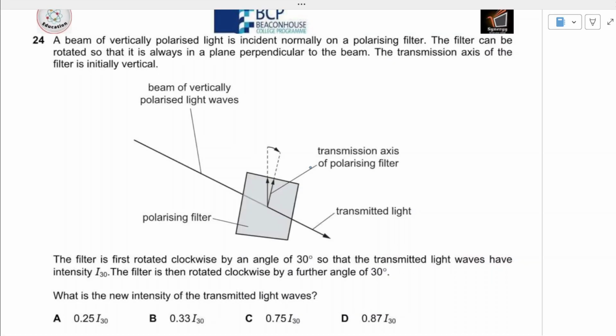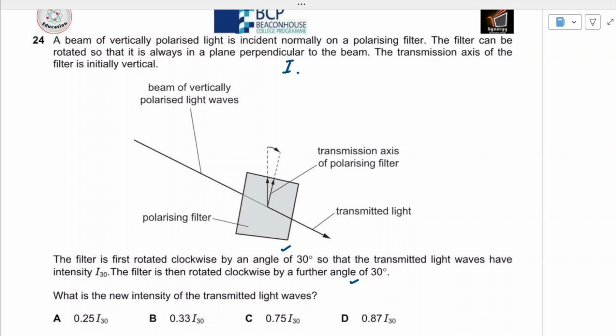Alright, for this one, the tricky part is you have a single polarizer filter which was first rotated by the angle 30, and then it was rotated again by a further 30. So the new angle of rotation is 60. What you need to find is the new intensity of the transmitted light.